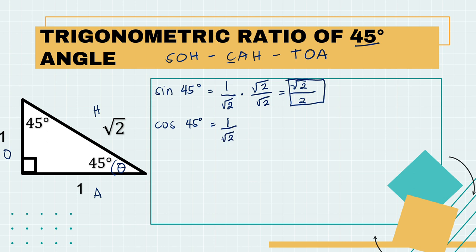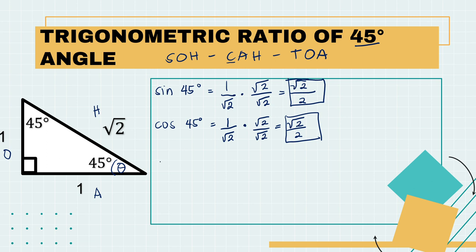Just like in sine 45, we need to rationalize the denominator of this value by multiplying it by square root of 2. So 1 times square root of 2, again that is square root of 2, over square root of 2 times square root of 2, this will become 2. And cosine 45 degrees is equal to square root of 2 over 2.